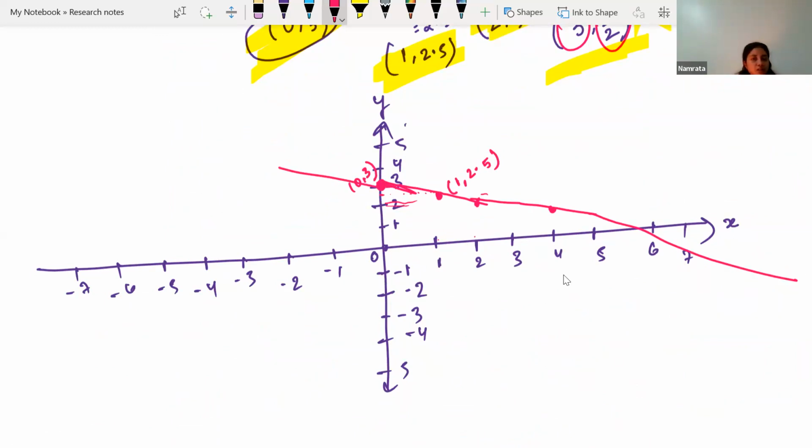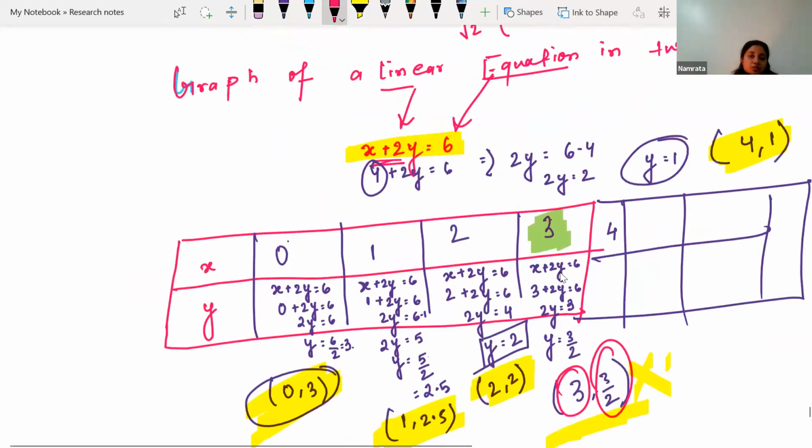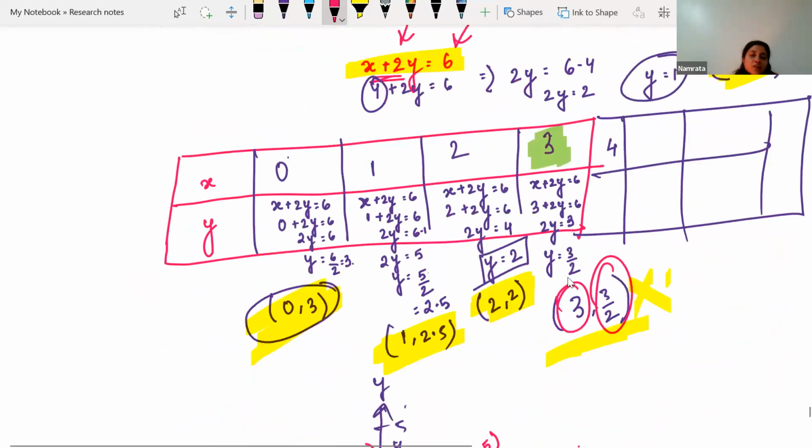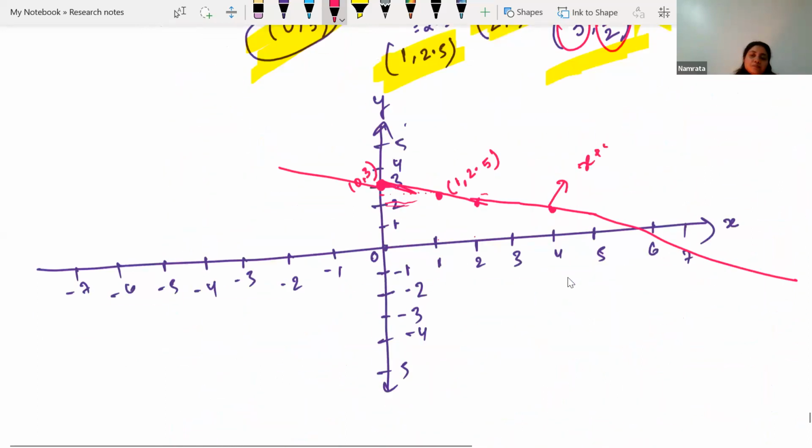This is just a rough sketch. I am not using a scale, I am not using graph paper, that's why it is not accurate at all. When you do it on graph paper with the help of a scale and pencil, your line will be a perfect straight line, and that is the graph of the equation x plus 2y is equal to 6.